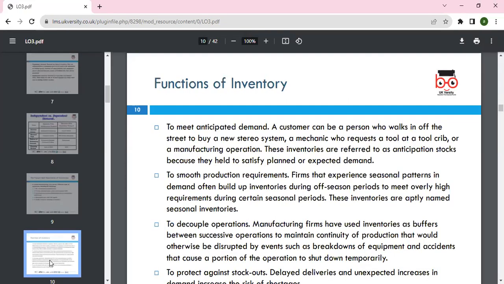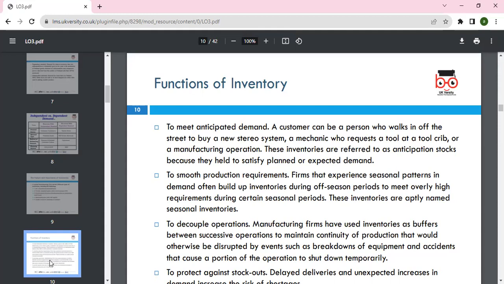Okay, so the functions of inventory. First, to meet the anticipated demand. The customer can be a person who walks in off the street to buy a new stereo system, or a mechanic who requests tools at the manufacturing plant. These inventories are referred to as anticipation stock, because they are held to satisfy the planned or expected demand.